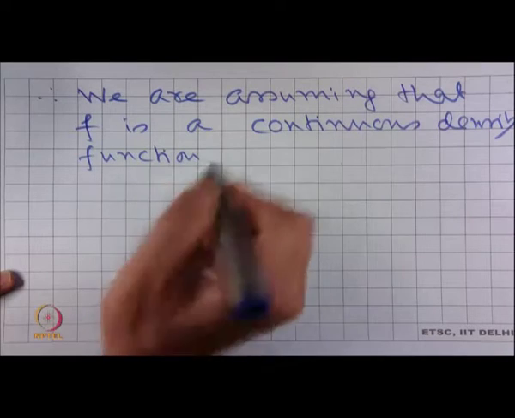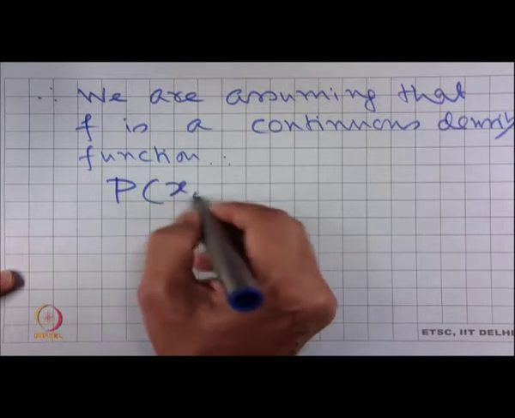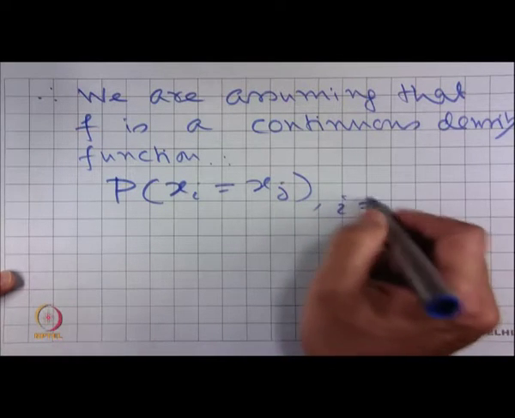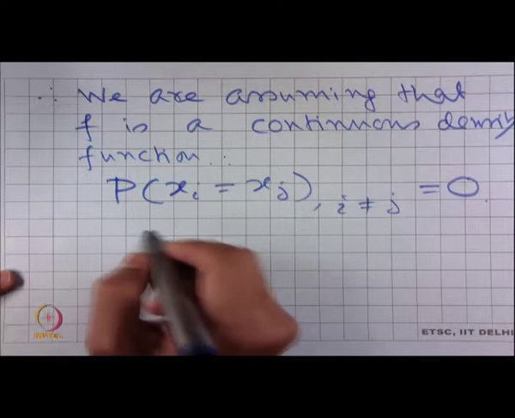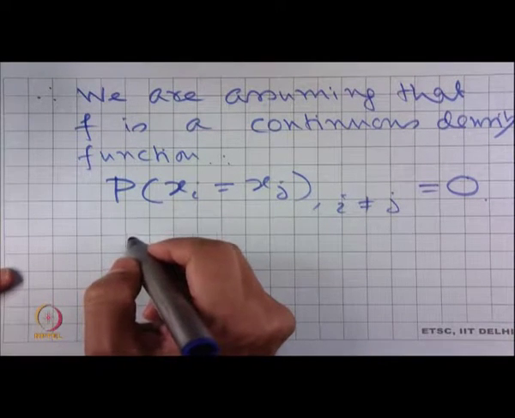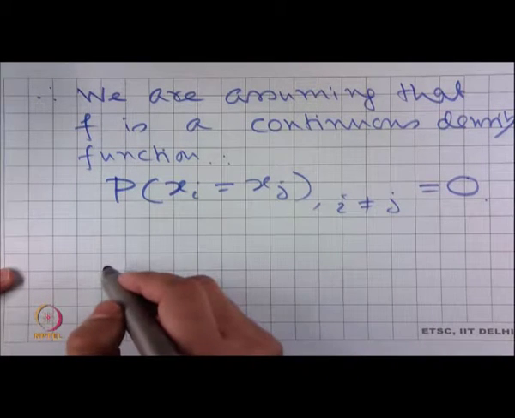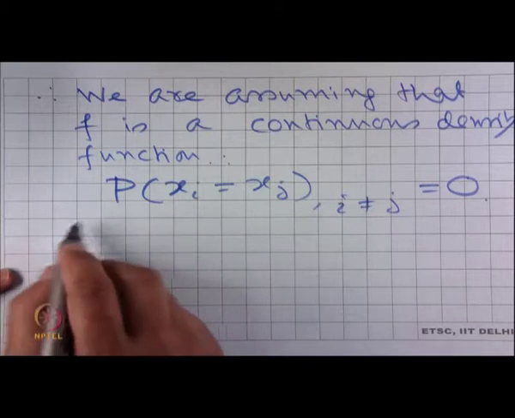What does it mean? It means that probability x i is equal to x j, i not equal to j, is equal to 0. So, we have x 1, x 2, x n in observation from a continuous density function f x.